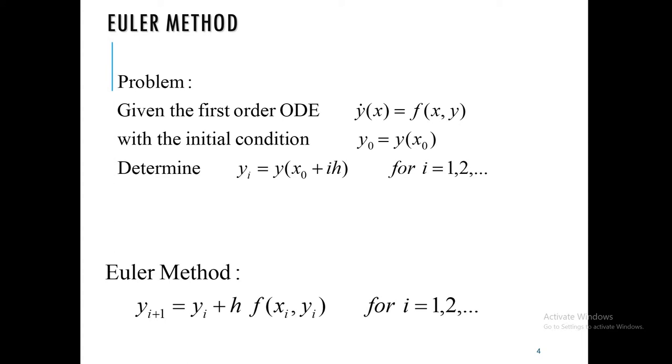Already we have x1, we have y1, so substitute. And you keep doing it over and over until you get to your final position, which is b. So you keep iterating from the first point till you get to b. Good. So let's take an example.